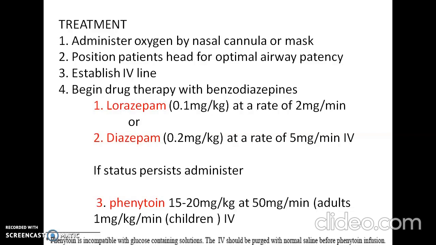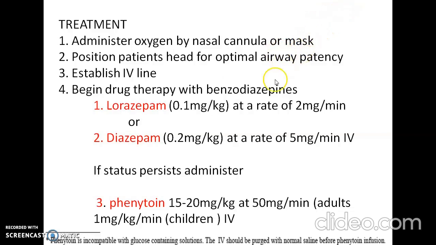Then begin drug therapy with benzodiazepines. Lorazepam 0.1 mg per kg can be given at a rate of 2 mg per minute, or diazepam 0.2 mg per kg at the rate of 5 mg per minute by IV route.